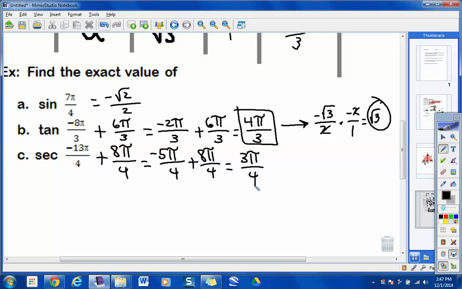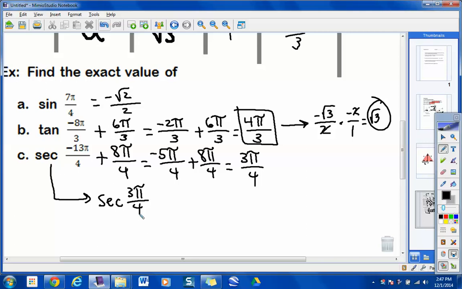Okay, so what I'm really looking to find here is the secant of a coterminal angle, which we established as 3 pi over 4 on the unit circle. I don't know what the secant is right off the bat because it's not listed on the unit circle, but I do know that the secant is the reciprocal of the cosine, right?